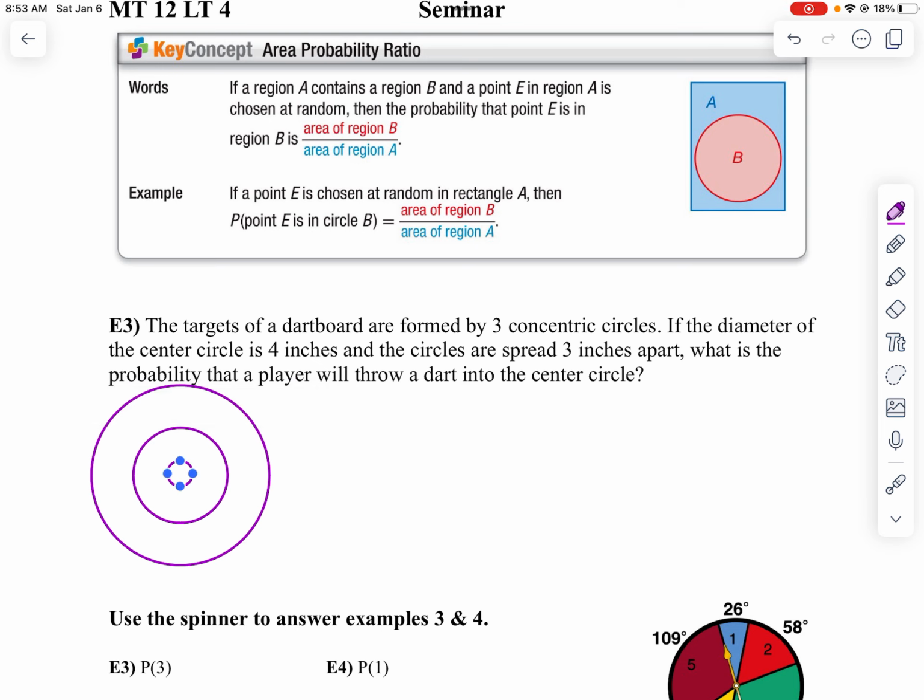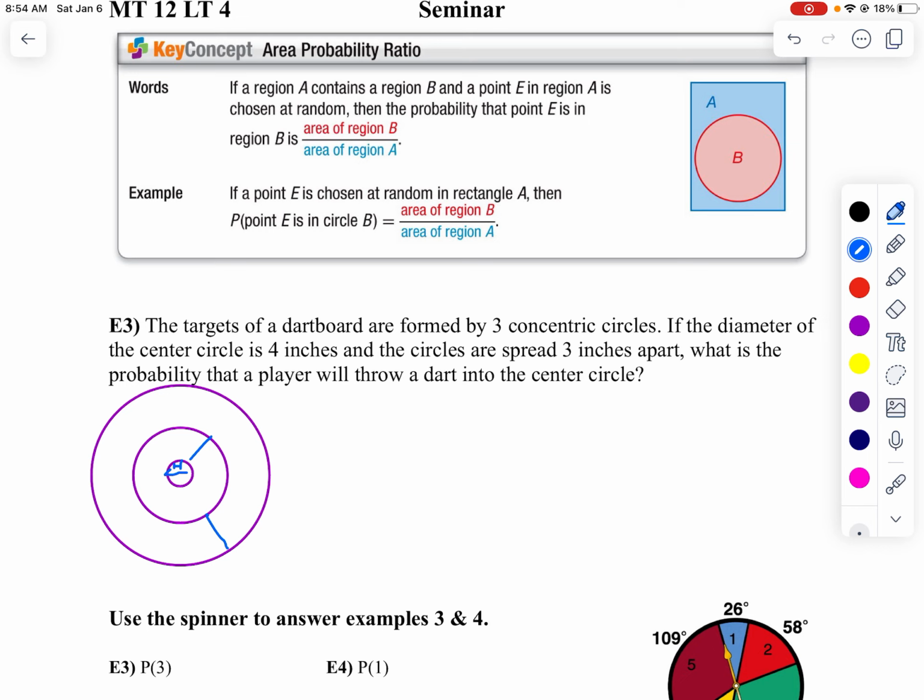And it says that the diameter of the center circle is 4 inches. So let's label that as 4 inches. And then we know they're spread 3 inches apart. And so I want to know what's the probability a player will throw into the center circle.